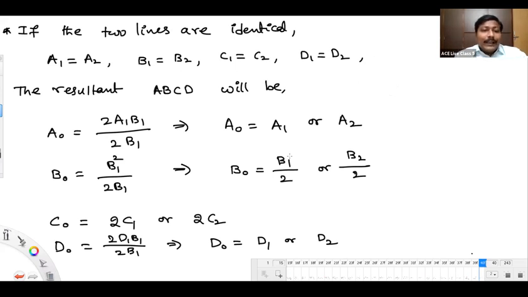If two identical lines are in parallel, the resultant series impedance becomes half, so parameter B becomes half. Similarly, two equal admittances in parallel make the shunt admittance double, and parameter C also becomes double.